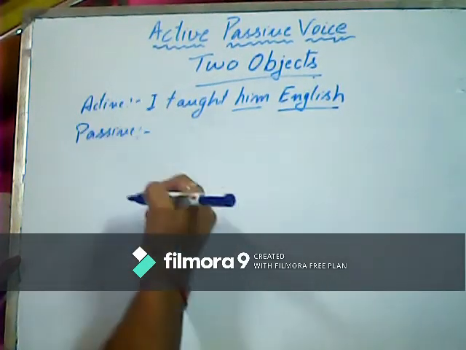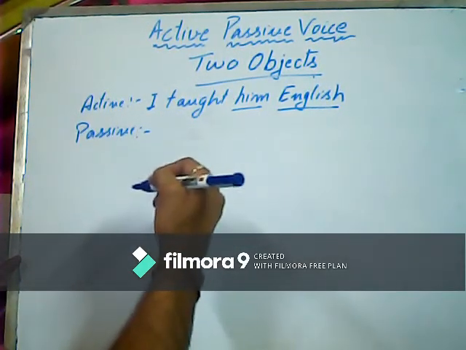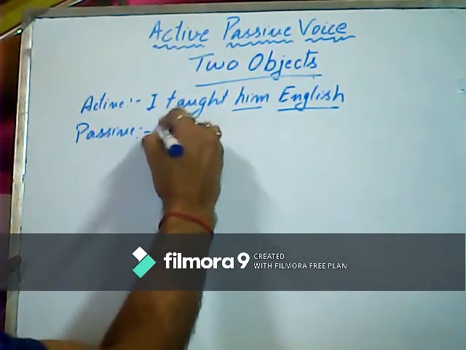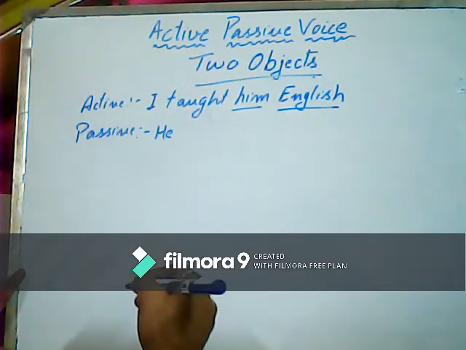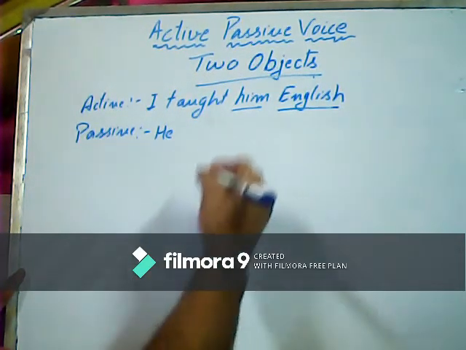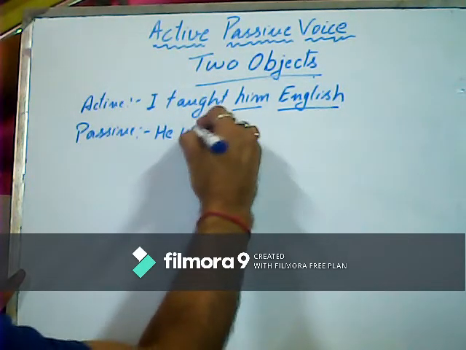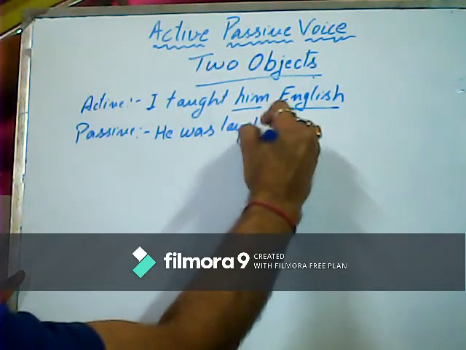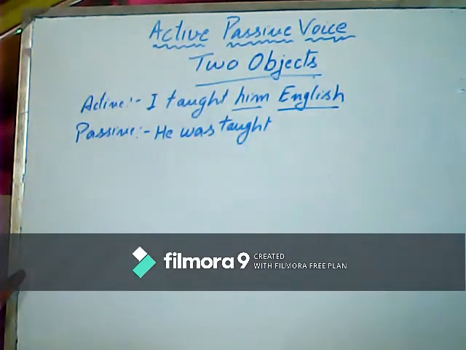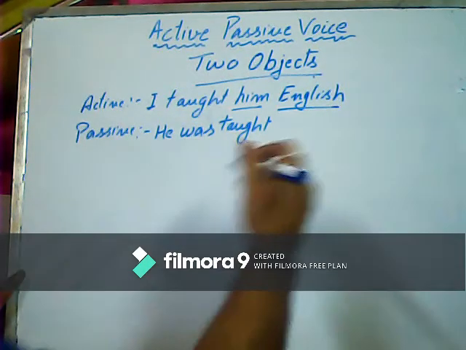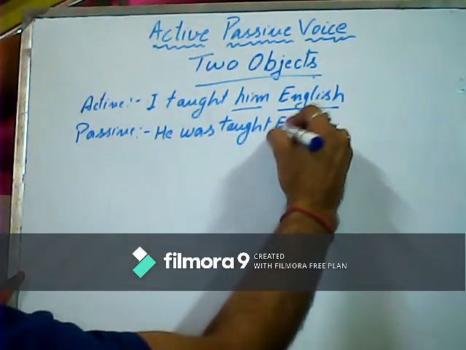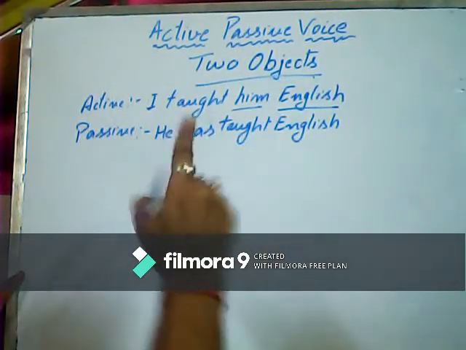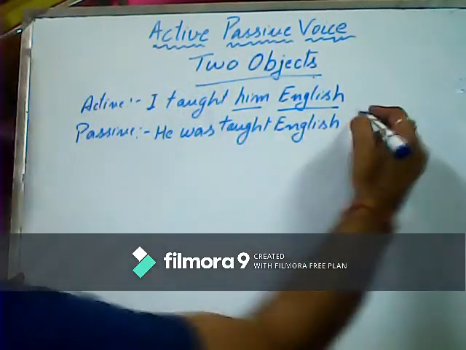Suppose we are taking him, the first object, as subject, so him will change into he. He was, because it is in past tense, he was taught, third form of the verb taught. He was taught English.